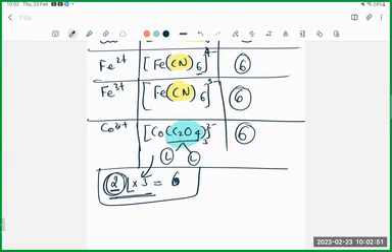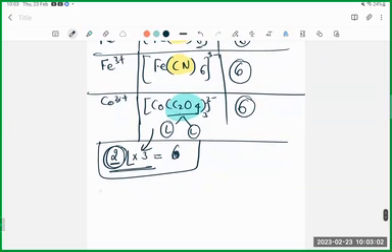Now we can go for the nomenclature part. You have seen the sphere can be positive, can be negative, can be neutral. We have learned that yesterday, right? Let me introduce one more type of complexes: the homoleptic complexes and heteroleptic complexes. So what do you mean by homoleptic complexes?